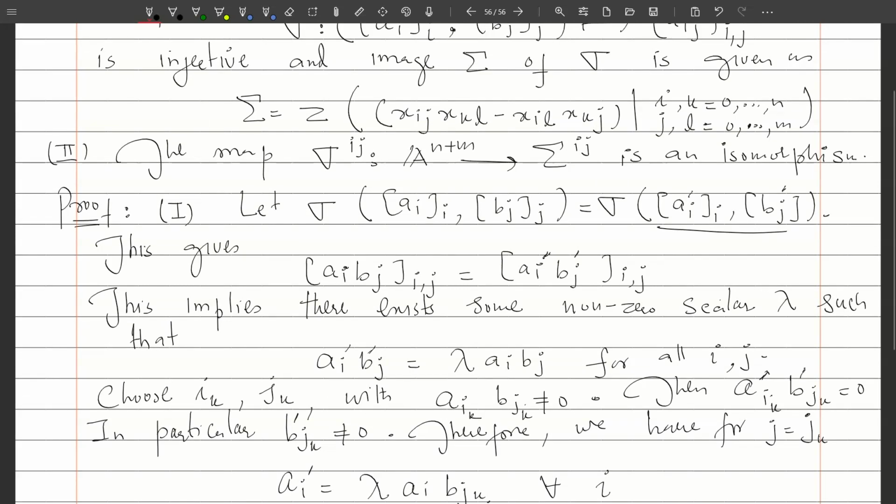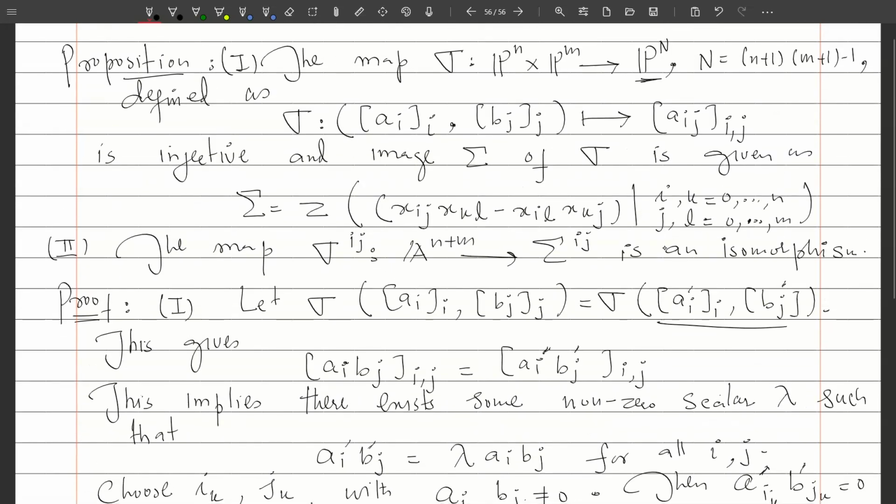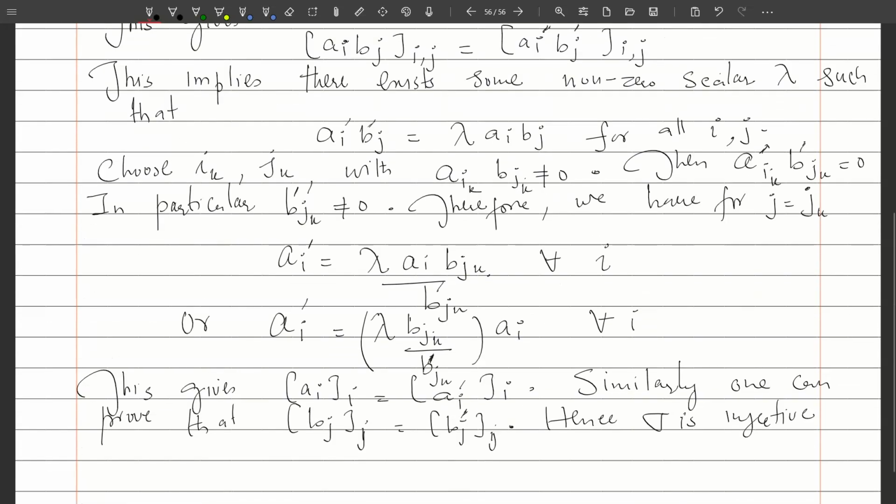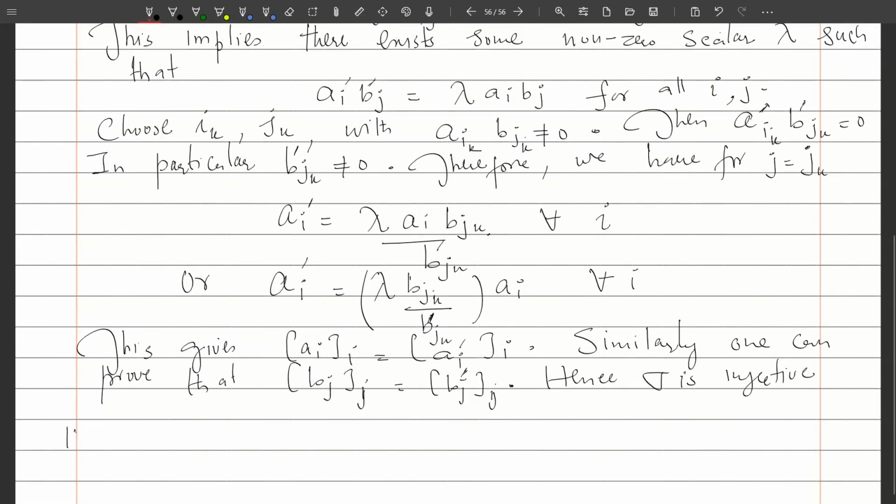Now we have to prove the zero set of these polynomial equations is actually sigma. Now to prove this, this is not the second item, this is the second part of the first item. So for that we set w to be equal to the zero set of the polynomial equations xij xkl minus xil xkj.